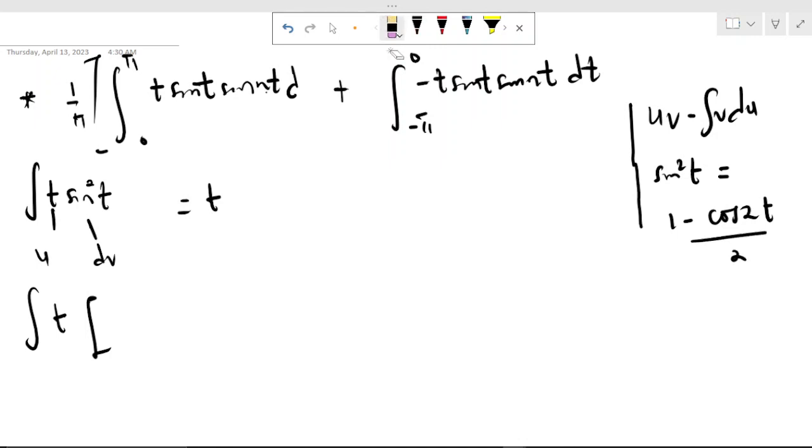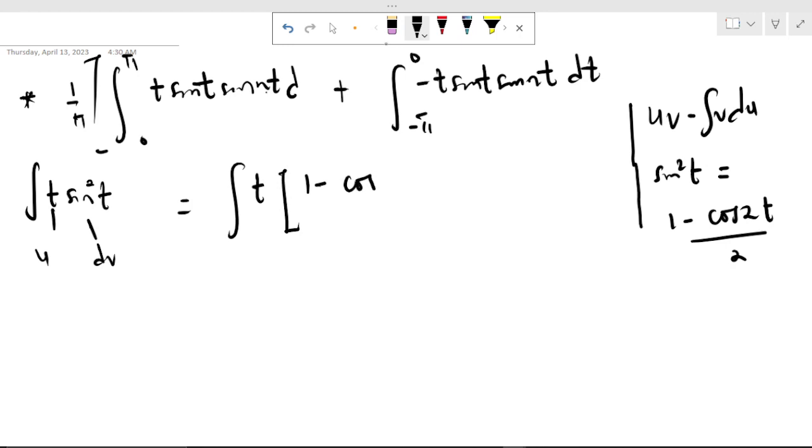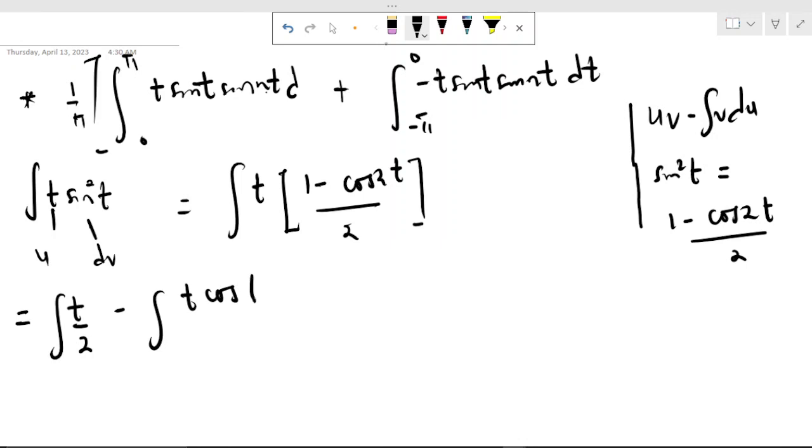So let's go back. So we have integral of t times 1 minus cos 2t all over 2, which means our integral is now integral of t over 2 minus integral of t cos 2t over 2.